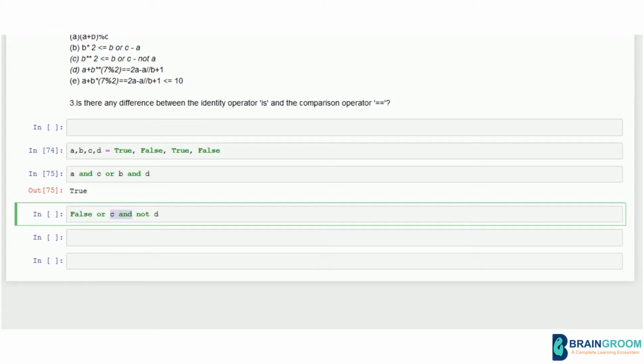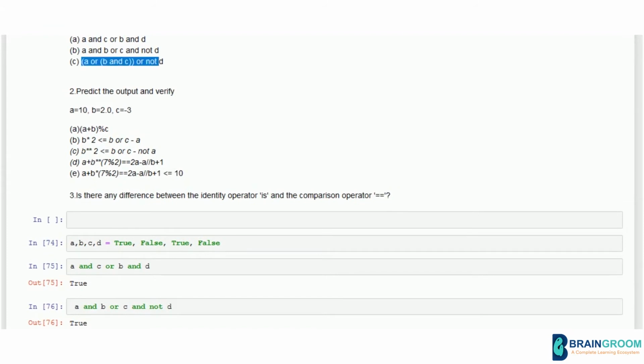So C and, here we don't have an operand, right? So what happens is, this NOT D first gets executed. NOT D is False, so NOT D is True. Now C and True will be executed. C is True, so True and True is going to be True, and then False or True is True. So your final result is True.